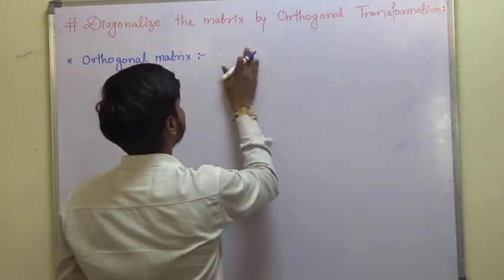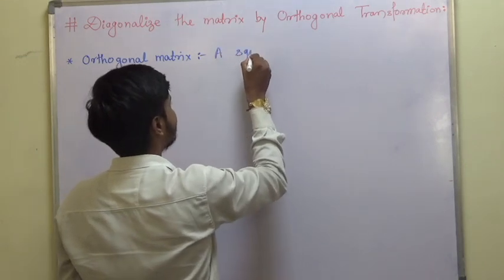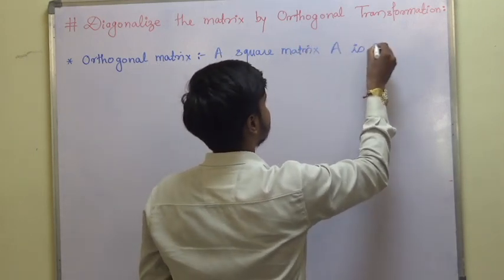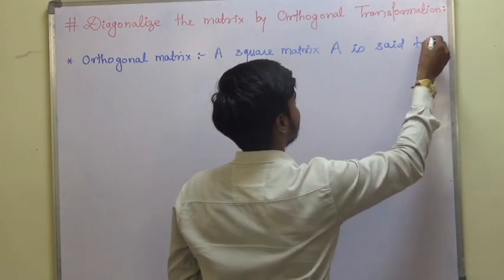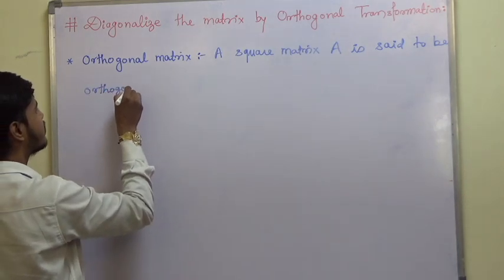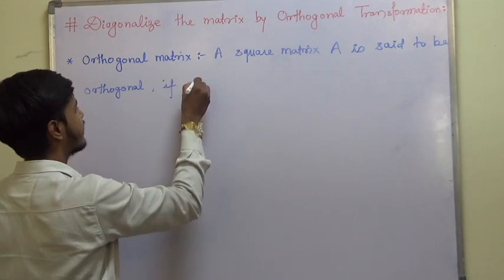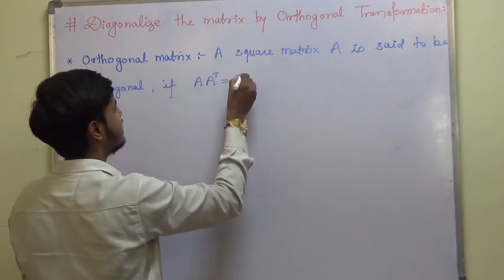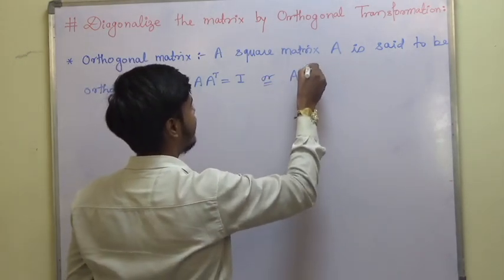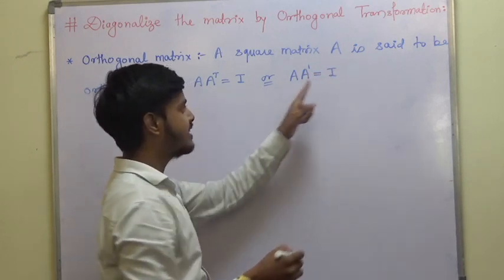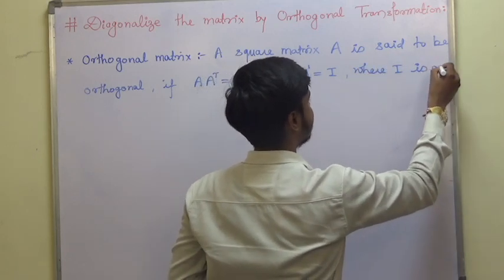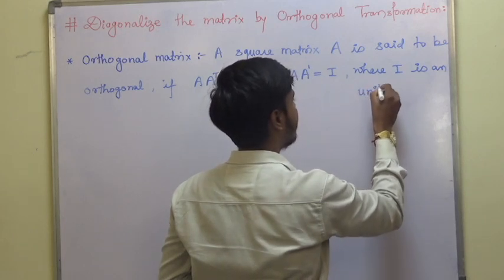So to be precise, a square matrix A is said to be orthogonal if A into A transpose is equal to I, or some people use the transpose as A dash, so A A' is equal to I, where I is an identity matrix, or you can write unit matrix.